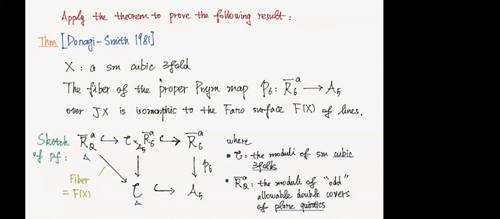On the other hand, if I choose different lines on the cubic threefold, I project from these different lines, I get some double covers of plane quintics. So this will become a connected component of this fiber, and the fiber of this map at every X will be this Fano surface of lines.